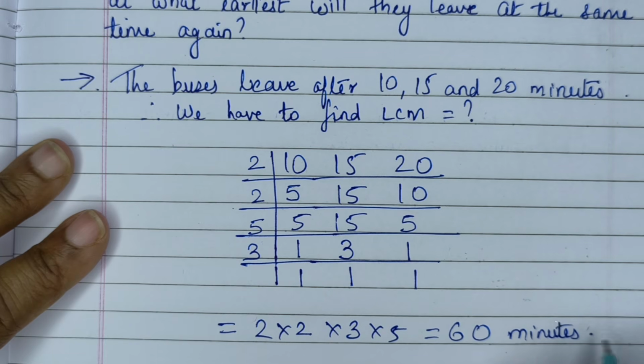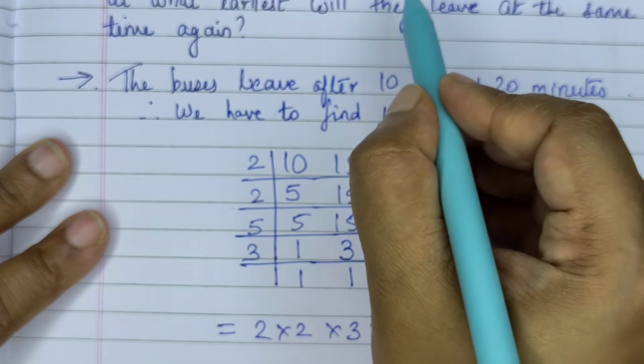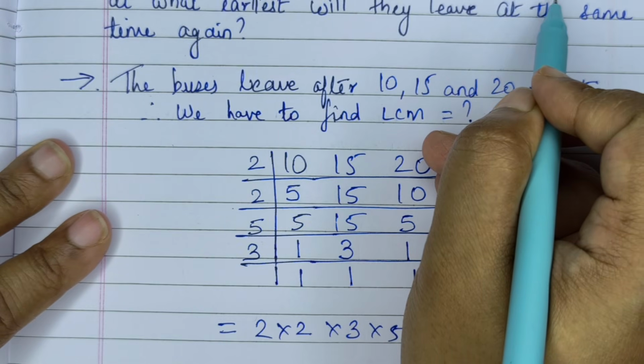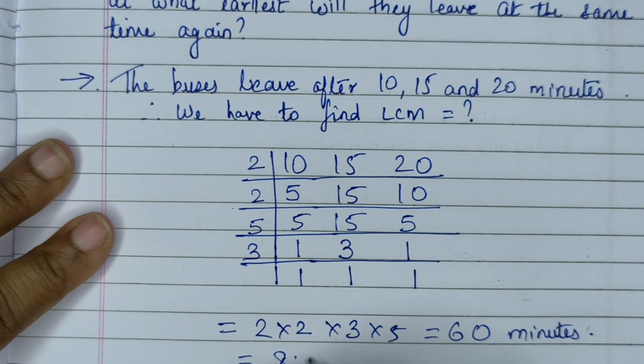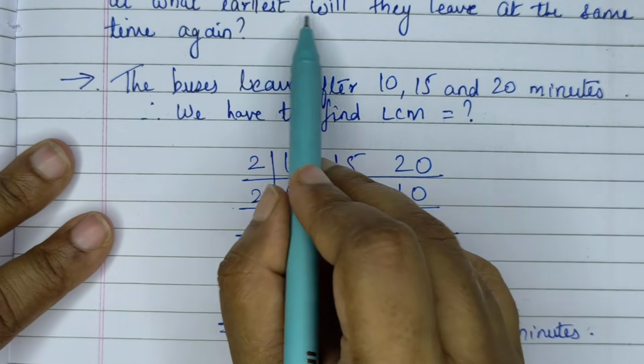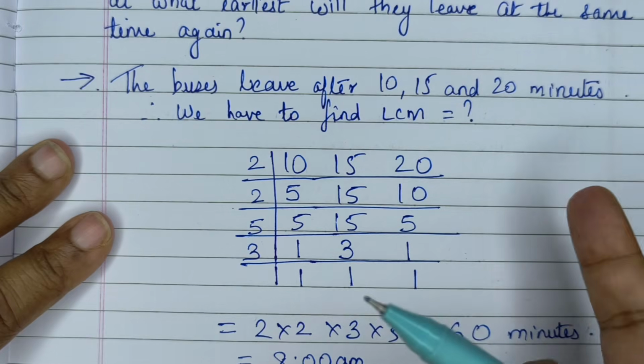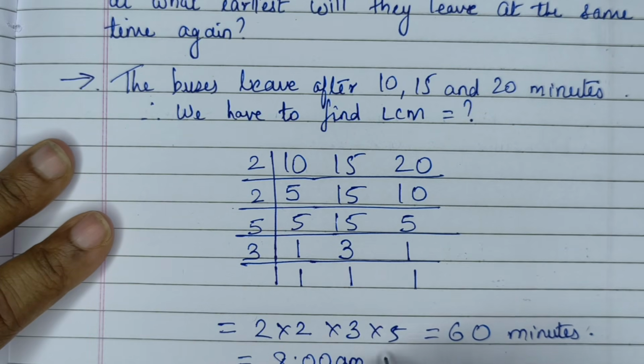So that means, if all the three buses first leave at 8 a.m., then at what time earliest will they leave at the same time again? They will leave again after 60 minutes. 60 minutes means 1 hour. So 8 a.m. plus 1 hour, it will become 9 a.m.